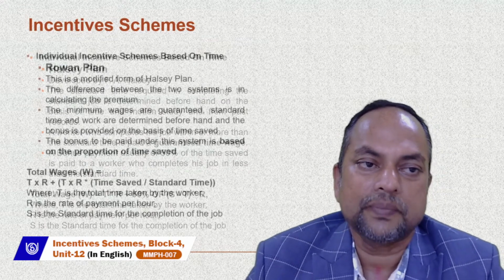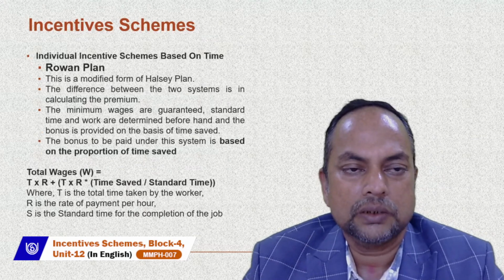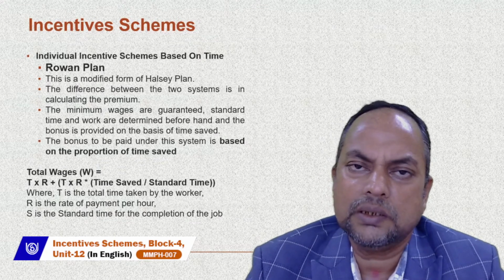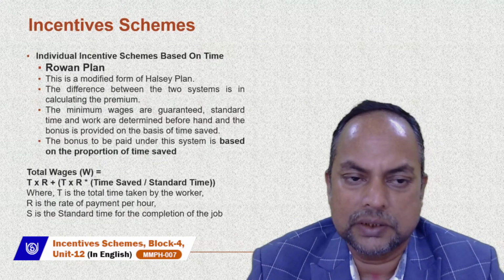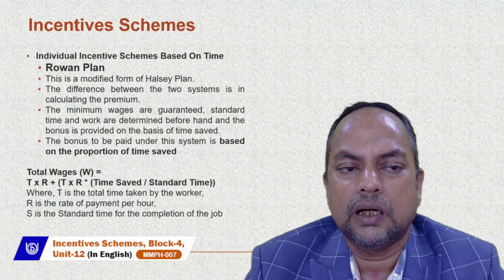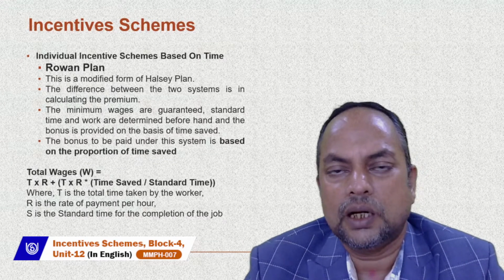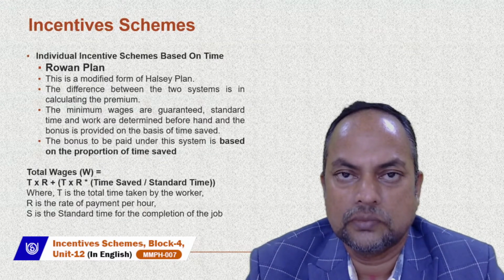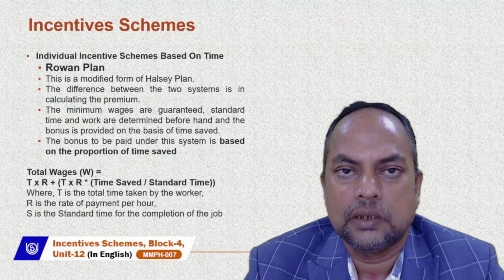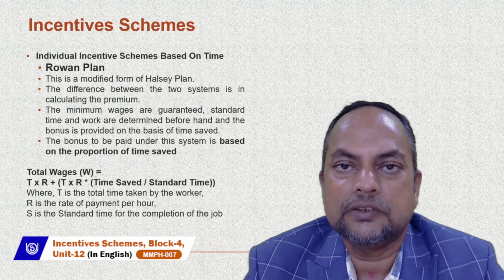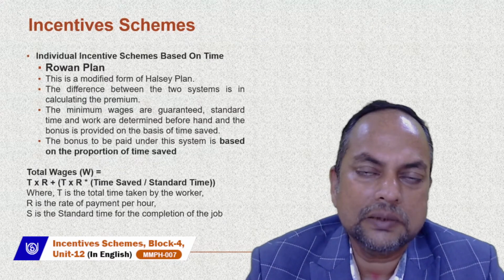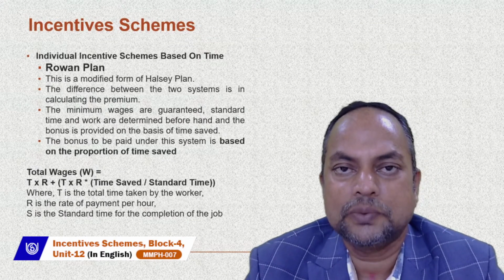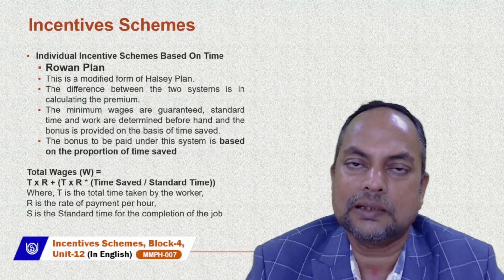So based on time, we come out with another concept, that is Rowan's plan. This is just a modified Halsey plan. Here you can see the amount of incentive to be given to the workers is calculated in a different way. In the Halsey plan, a fixed amount, 50% of the time saved, is taken as the consideration for the calculation of incentive.